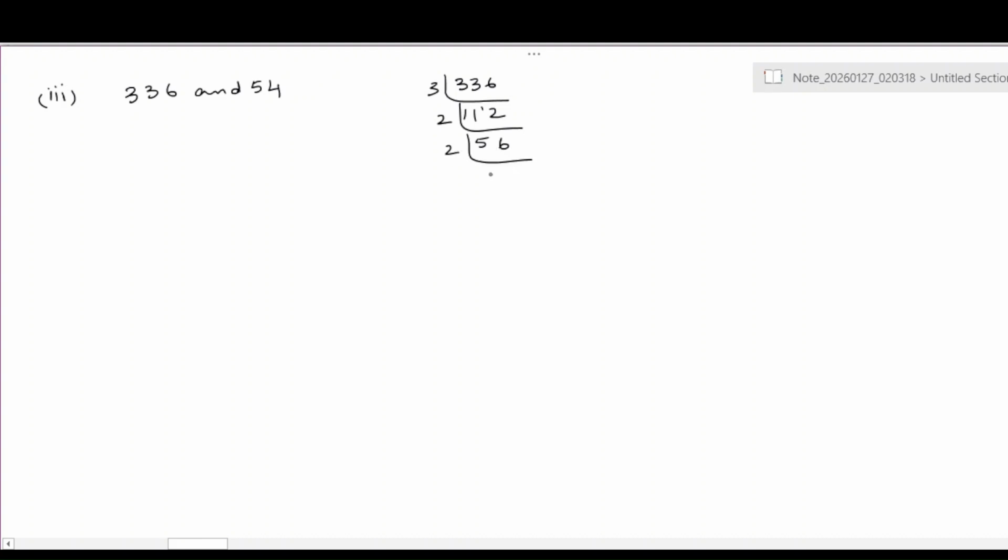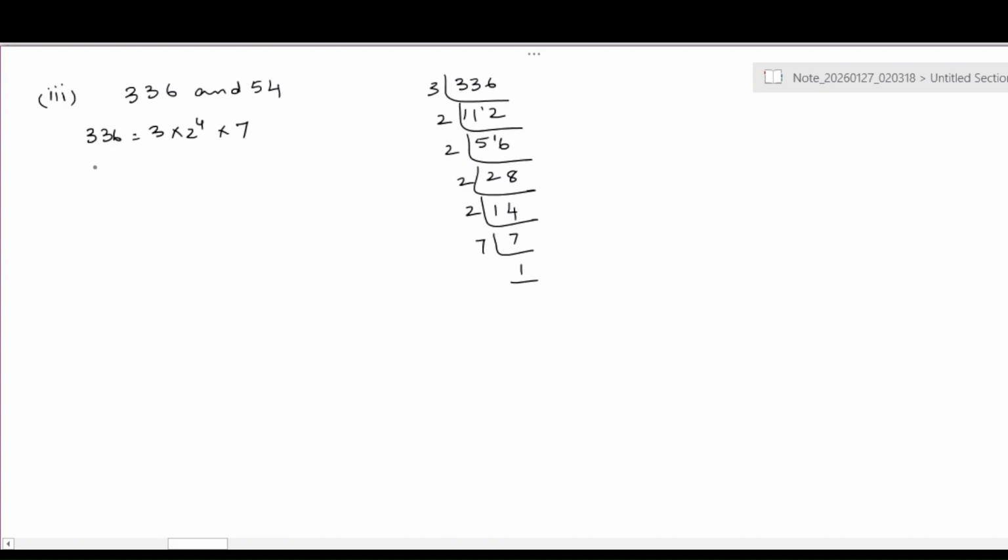Again even number, 2 times 28, and 2 times 14. Again even number, 7 times 2. This is a prime number, so 7 one time. So this will be 2, how many times? 1, 2, 3, 4. So 336 is 3 into 2 to the power of 4 into 7.